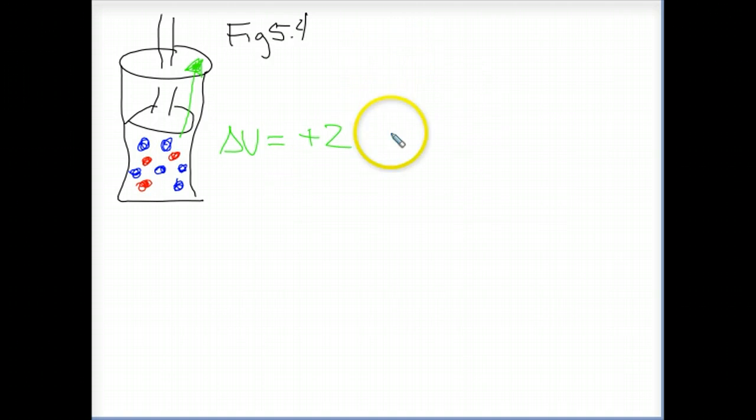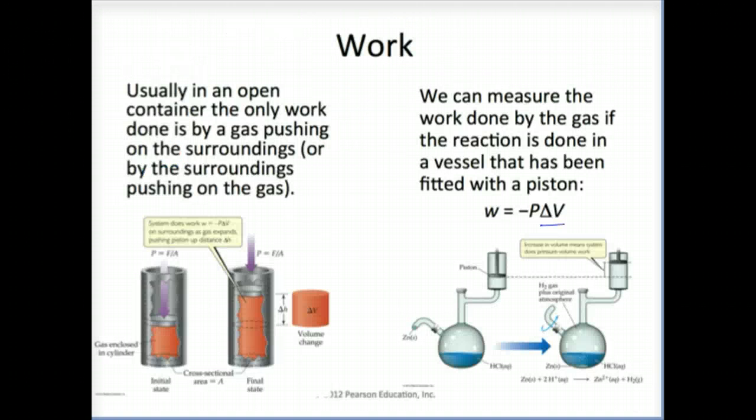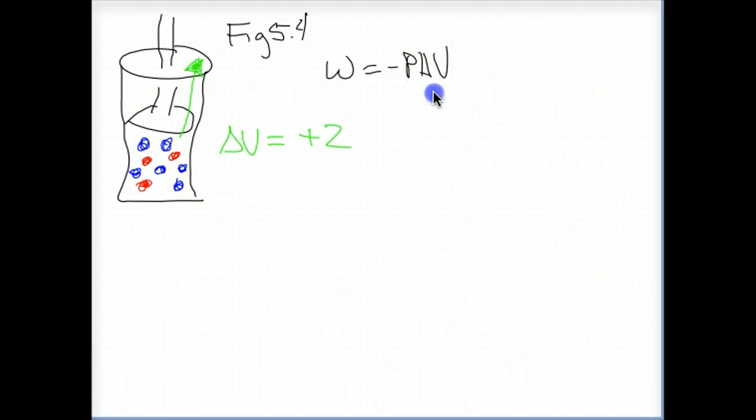Well, if that's the case, in our equation, W equals negative P delta V, my delta V becomes positive. That means because of this negative sign, if the system does work on the surroundings, work was transferred out. It did work on the surroundings. Energy was transferred to the surroundings, so I have a negative W.